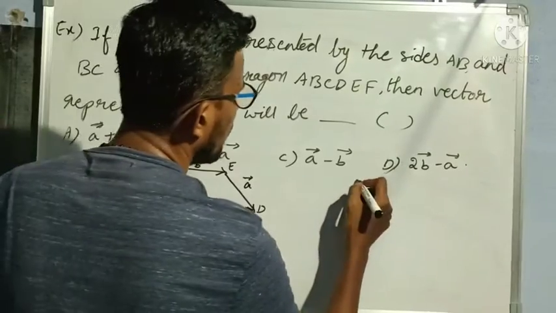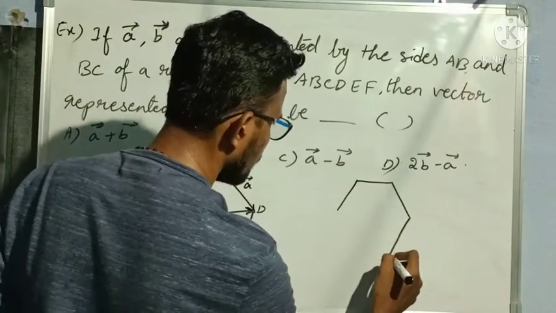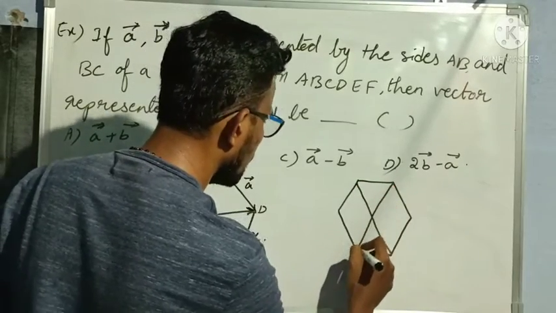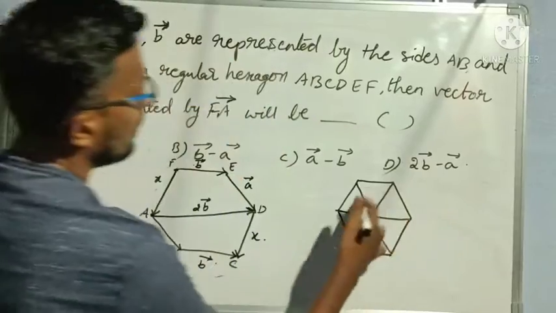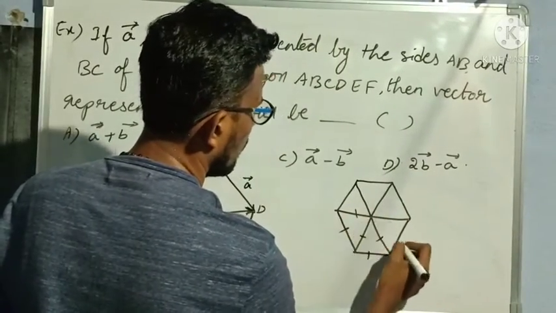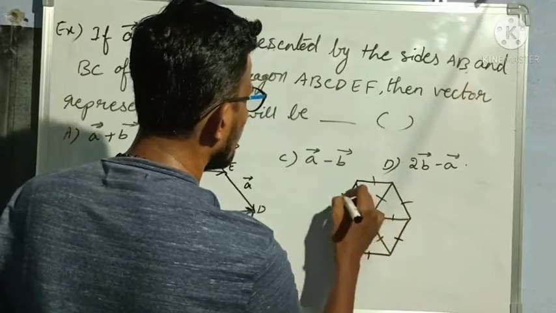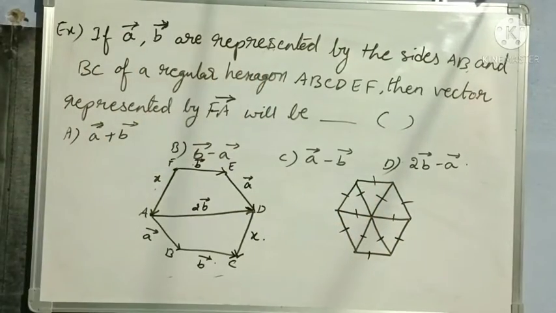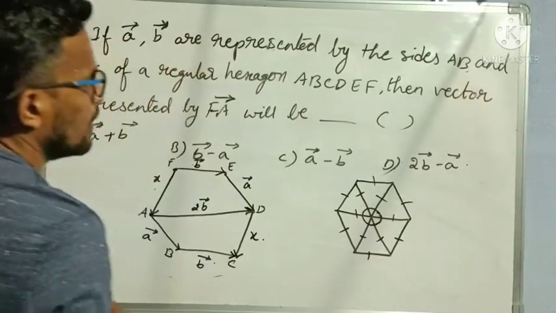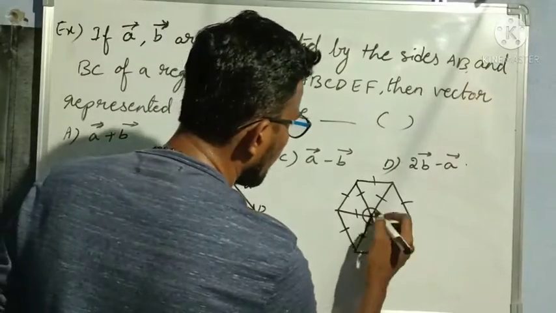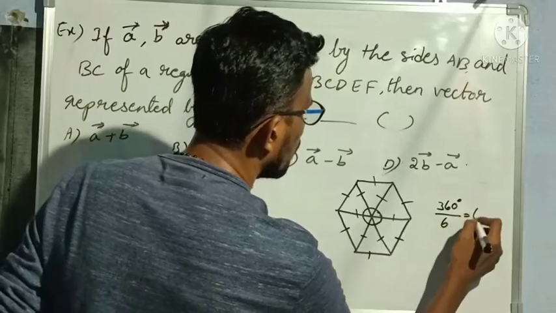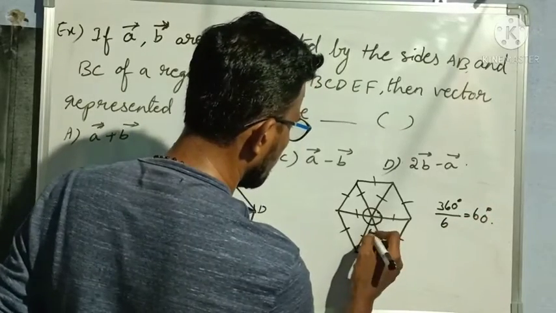Why? Because in a regular hexagon, if I draw the diagonals like this, 6 equilateral triangles are formed. All these sides are equal. Why? Because hexagon means how many sides? 6 sides. So here in my center, the angle, how much? 360 divided by 6, so each part is 60 degrees, right?